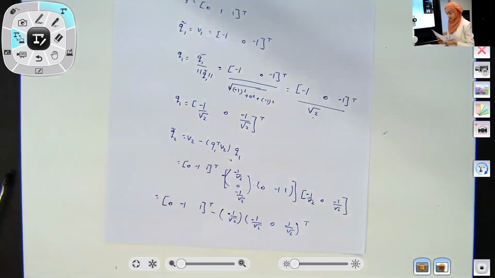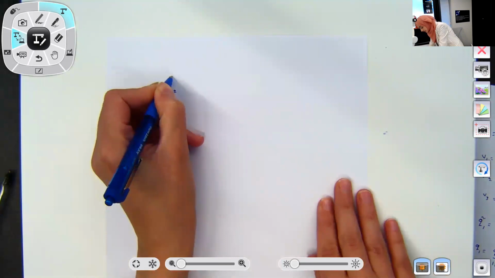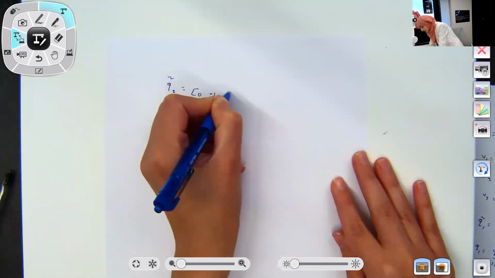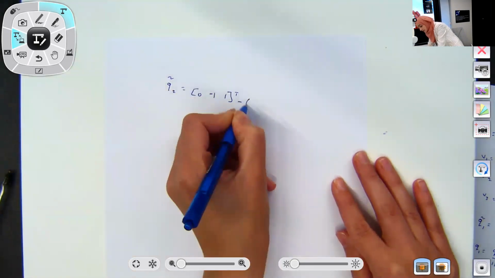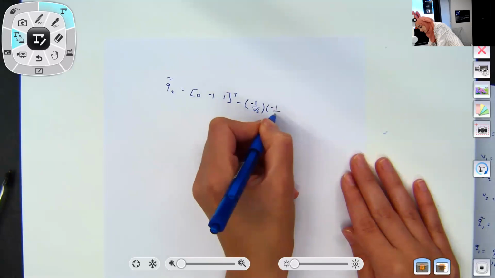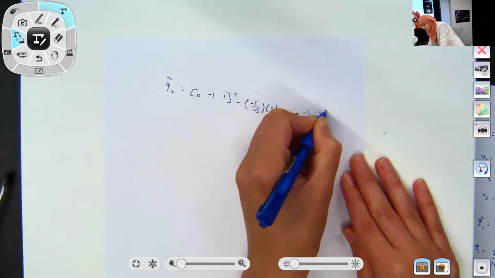So here we have Q2 tilde equal to 0, minus 1, and 1 transpose minus minus 1 over square root of 2 multiplied with minus 1 over square root of 2, 0, minus 1 over square root of 2 transpose.